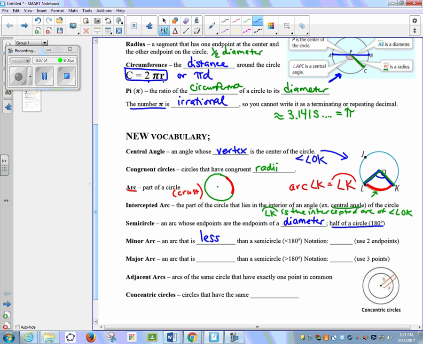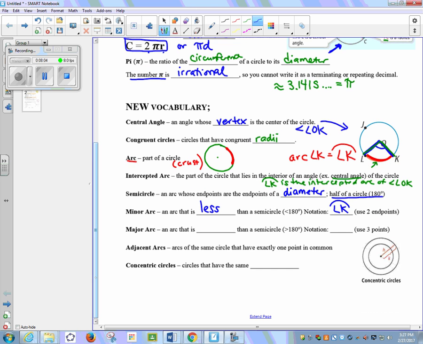So a minor arc, we're going to name it this LK that we used up here. We just use 2 endpoints and we put that arc over it. Now, when we get down to this next word, major arc is going from 2 points on a circle, kind of going around the long way.